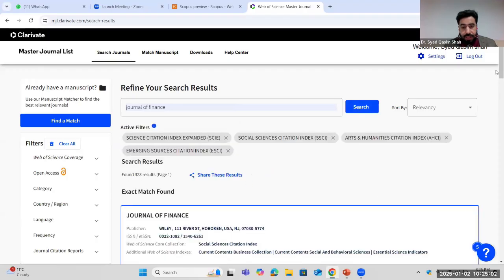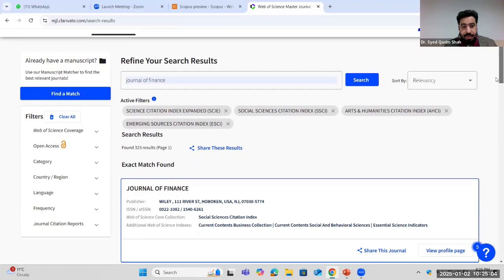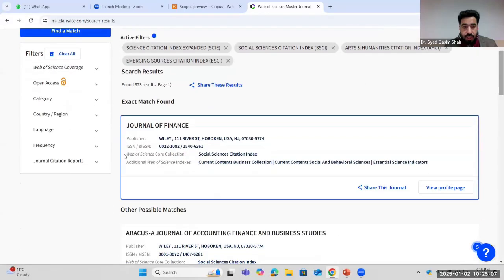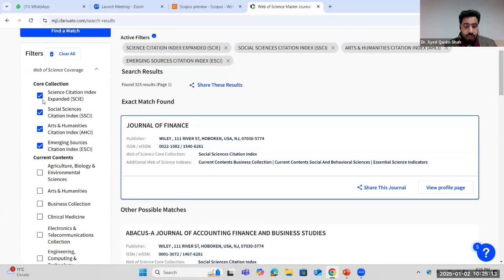So here we can see that if I write the name Journal of Finance, it will give you certain detail, right? And here we can see what the Web of Science coverage is. So that is included in the Social Science Citation Index, right?